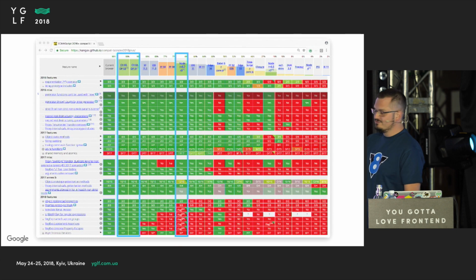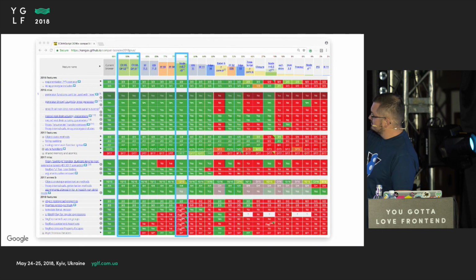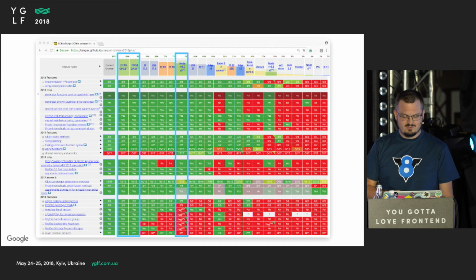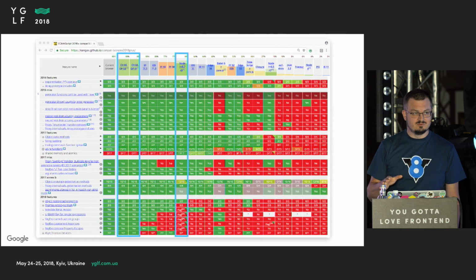But besides that, all the features are already available, and the other browsers are also catching up. And you can see the Node 8 column. Node 8 also almost supports everything except for the latest ES2018 features, but Node 10 supports all of them. And in Node, we didn't need to unship shared array buffers.